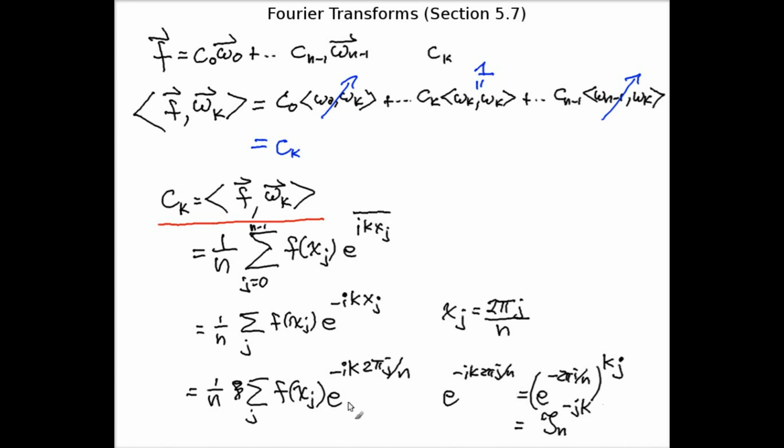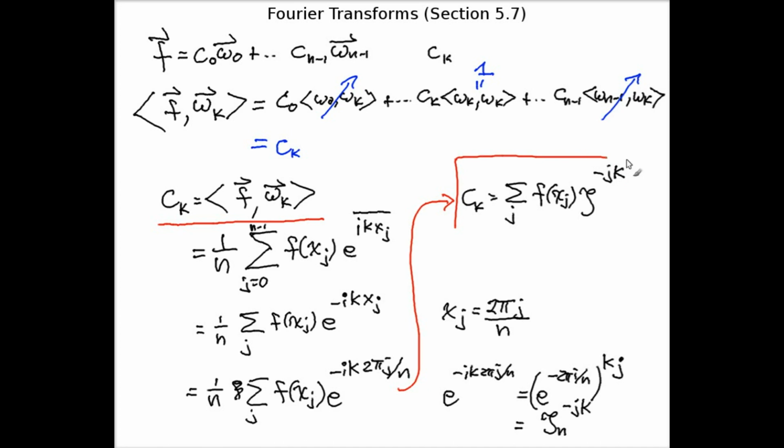So let me just write this up here. The final formula is that c_k is equal to summation over j of f of x_j times zeta to the minus j times k, where I guess I called it zeta_n, where zeta_n is this fixed complex number e to the 2 pi i over n.